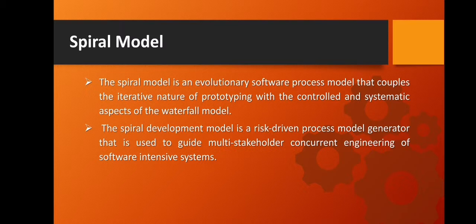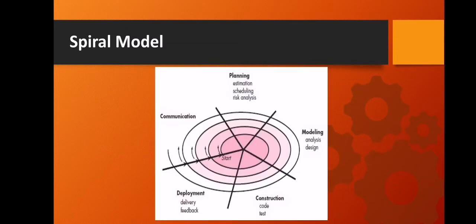The spiral model is used when requirements are not well understood and risks are high. This is the opposite of the previous model that we have discussed. Now, inner spirals focus on identifying software requirements and project risk, and may also incorporate prototyping. Let me show you the illustration there.